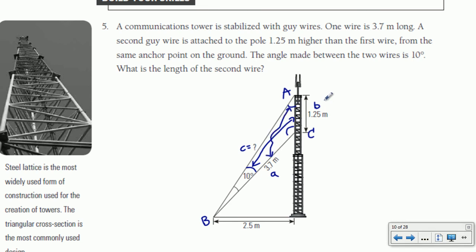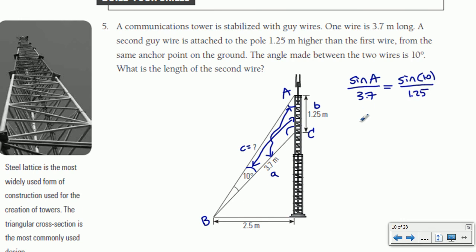So to start, we can figure out what angle A is using sine law. So we can go sine of A divided by length A, which is 3.7, equals sine of B, B is 10, divided by length B, which is 1.25.